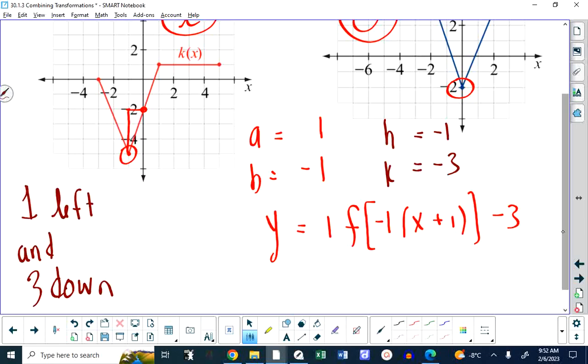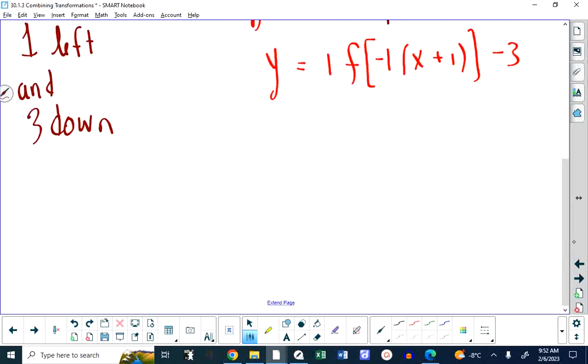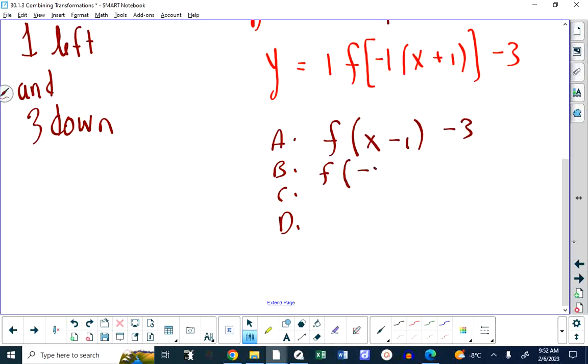But in the choices in a multiple choice question, you have stuff like f of bracket x minus 1, f of, and then minus 3, f of negative x minus 1, f of negative x plus 1, f of x plus 1.